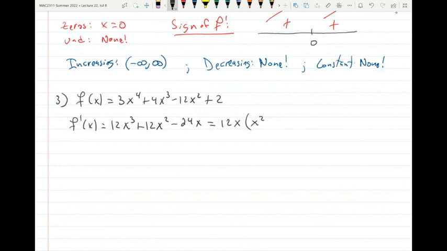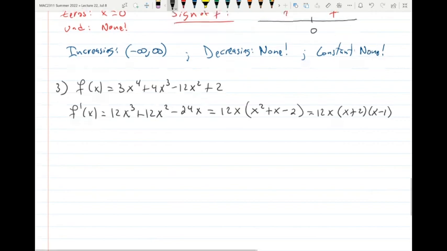So I'm going to have x squared plus x minus 2. And then once we get this, we factor. So let's see, we can do 2 and negative 1. So it's 12x times x plus 2 times x minus 1.